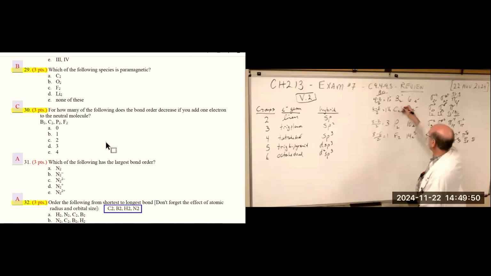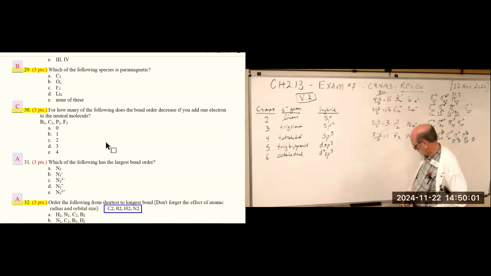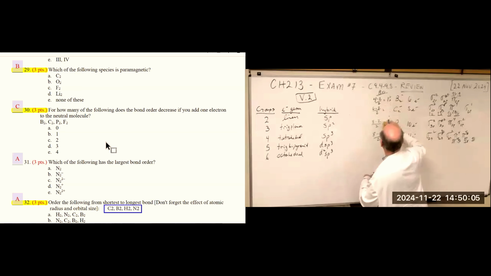Add 1 electron to this one, where does it go? Well, we have to move out here. Sigma 2p, right? Add 1 to that one, that goes up. We added it to a bonding orbital. So that makes it, let's see, this is 5. And this one makes 7.